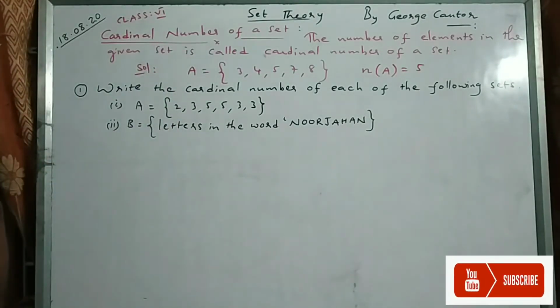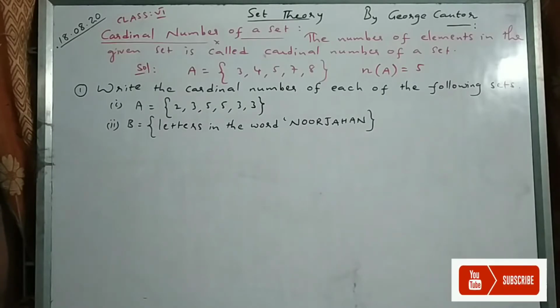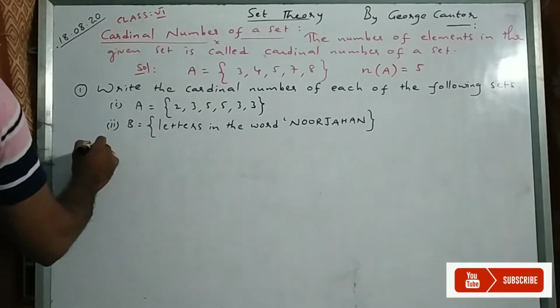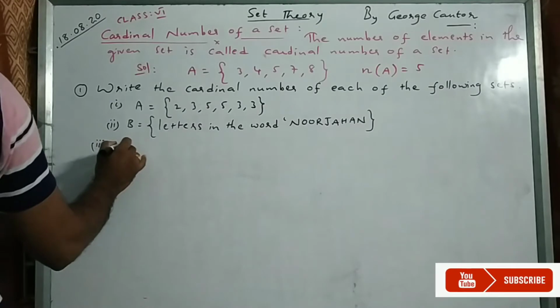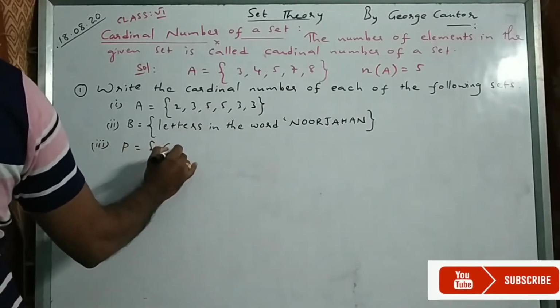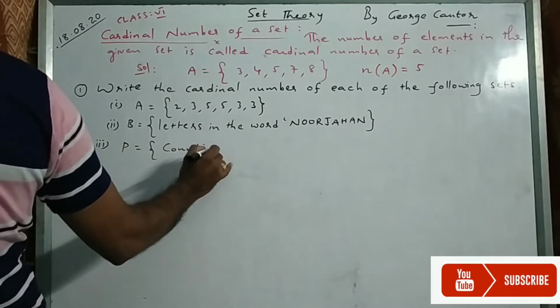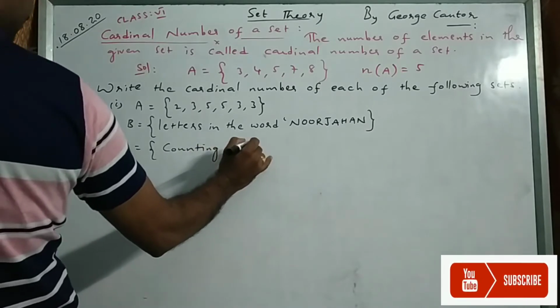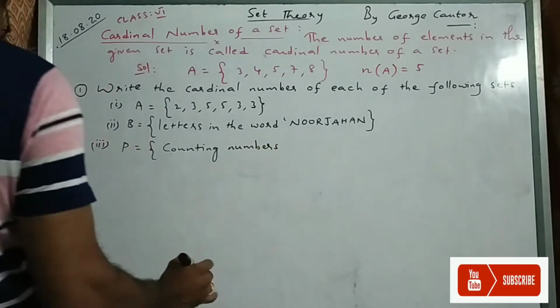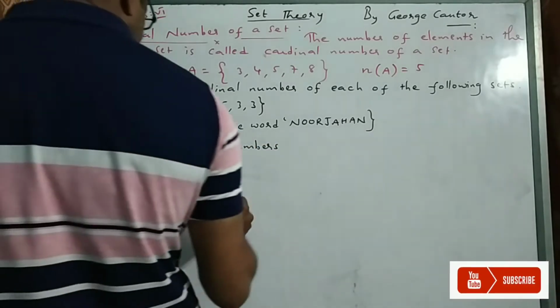P is equal to counting numbers between 10 and 30 which are divisible by 5. What is meant by counting numbers? Right, natural numbers.